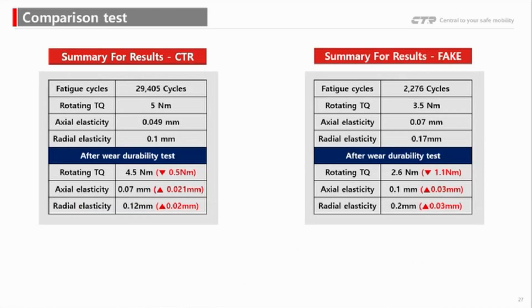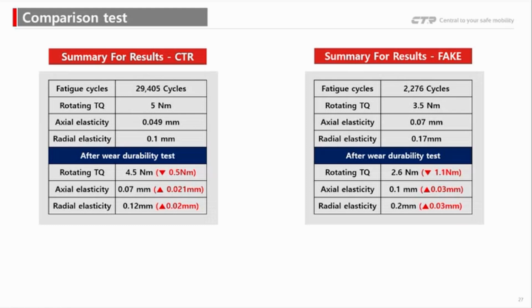This slide shows the comparison result between CTR genuine and fake ball joint products after fatigue and drive testing. Let's look at the key figures. Fatigue life: CTR lasted nearly 30,000 cycles, while the fake part failed after only 2,276 cycles.